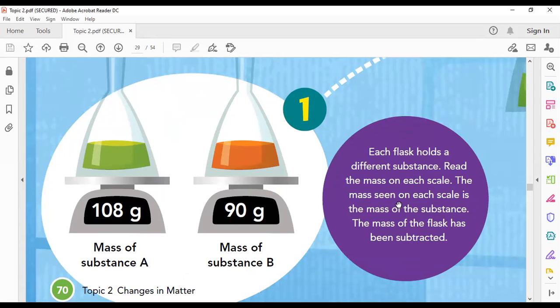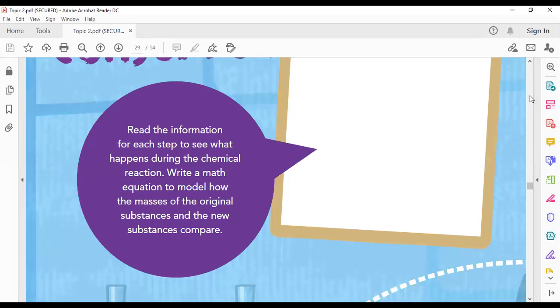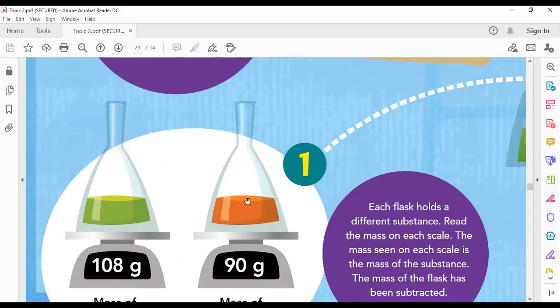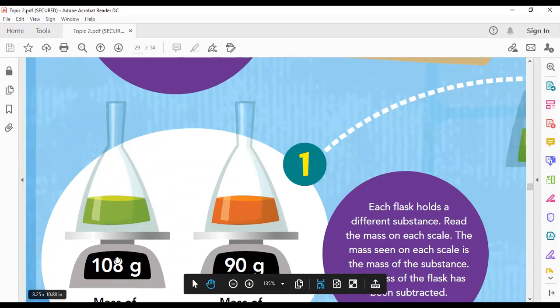Each flask, this bottle, is called a flask. This is step 1. We have substance A and substance B. The mass of substance A is 180 grams and the mass of substance B is 90 grams.